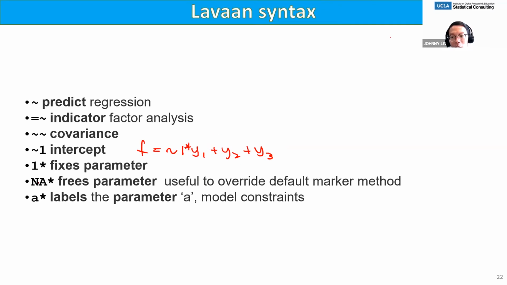I'll show you how to override that later, but you basically use NA star. When I put NA star here, that unconstrains the loading, not to 1. So it frees up the parameter. That's called a free parameter. We won't talk about variable labels or value labels, because that's not important for this seminar.